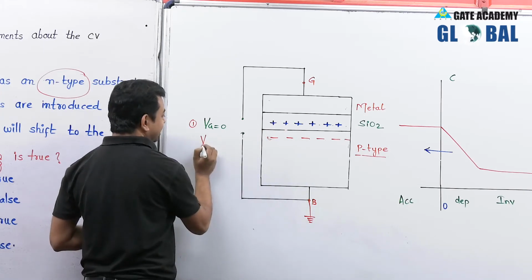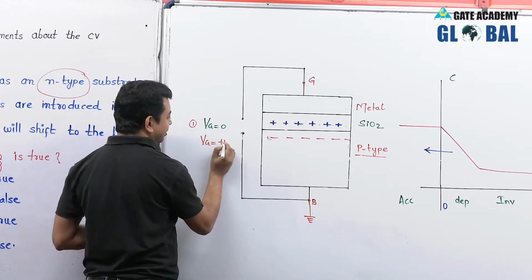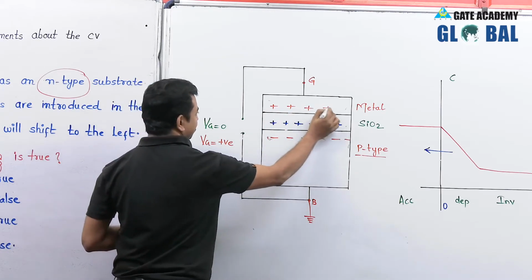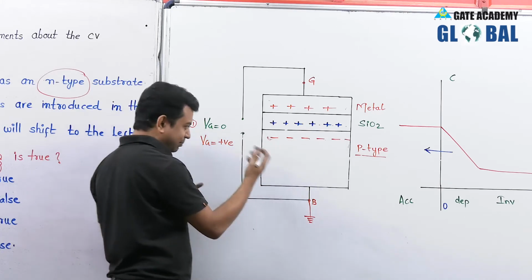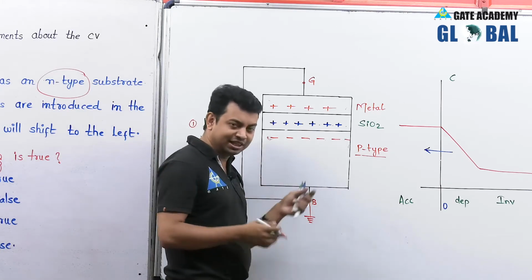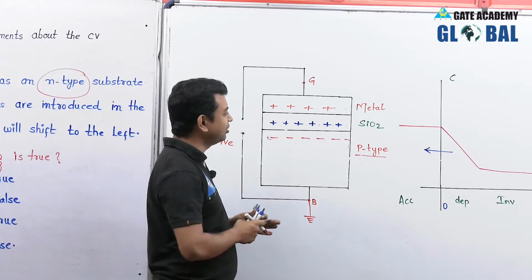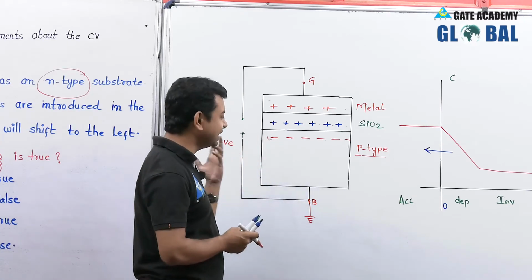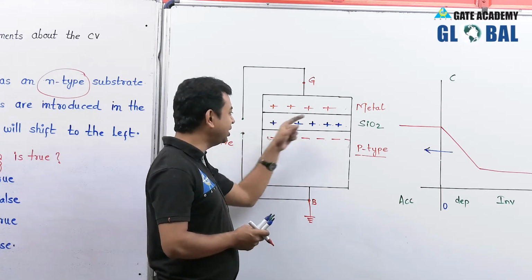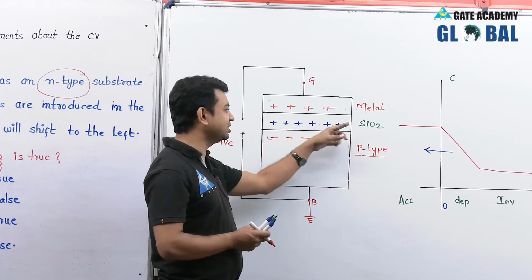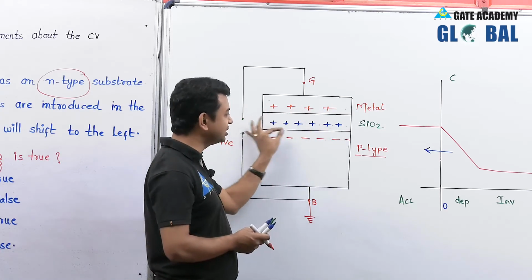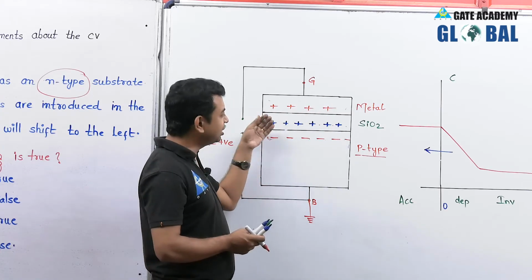Now, if we apply the gate voltage which is positive, because of these positive charges, what will happen? We have more negative charge in the semiconductor side, because silicon dioxide does not respond to this. Silicon dioxide is a dielectric, and we deliberately introduce these positive charges in the silicon dioxide. That's why we have drawn these positive charges there.